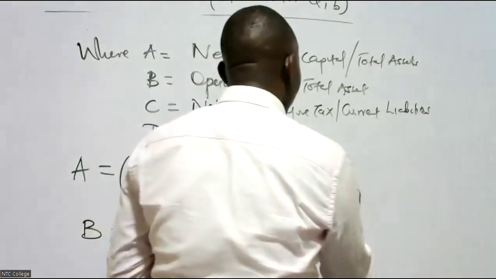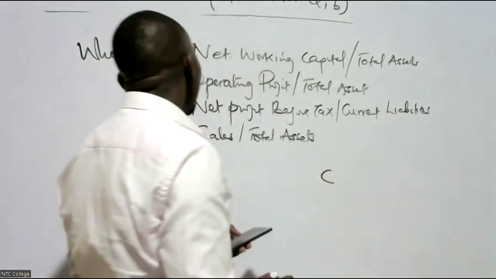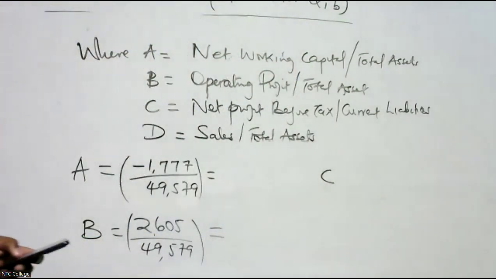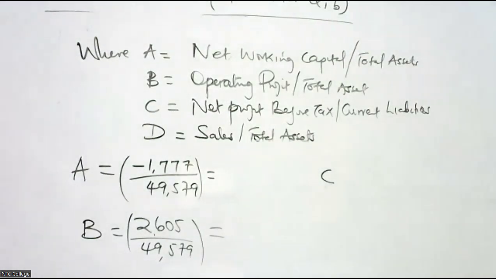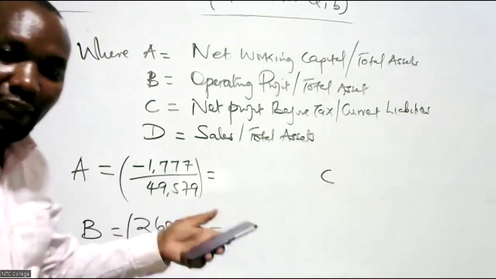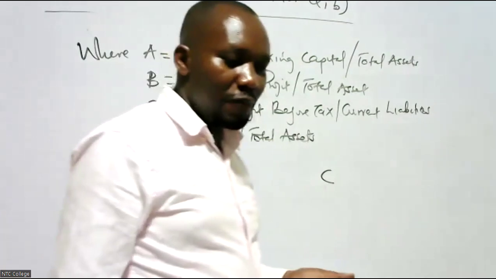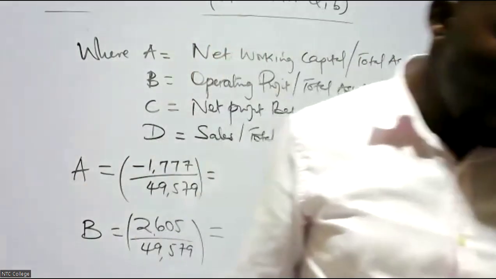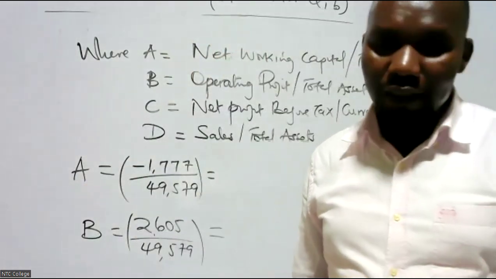Then we have C. C is net profit before tax. So how do we get net profit before tax? We have profit before interest and tax, that is earning before interest and tax, and then we have now before tax, meaning that after interest.